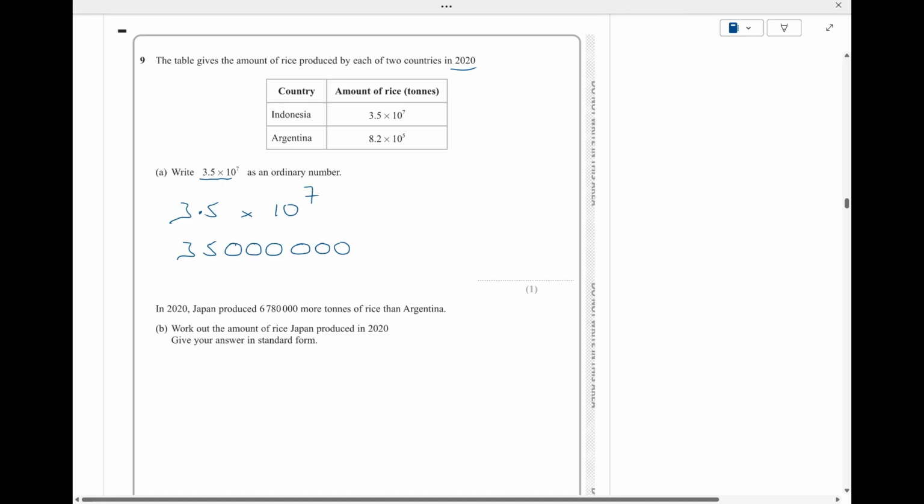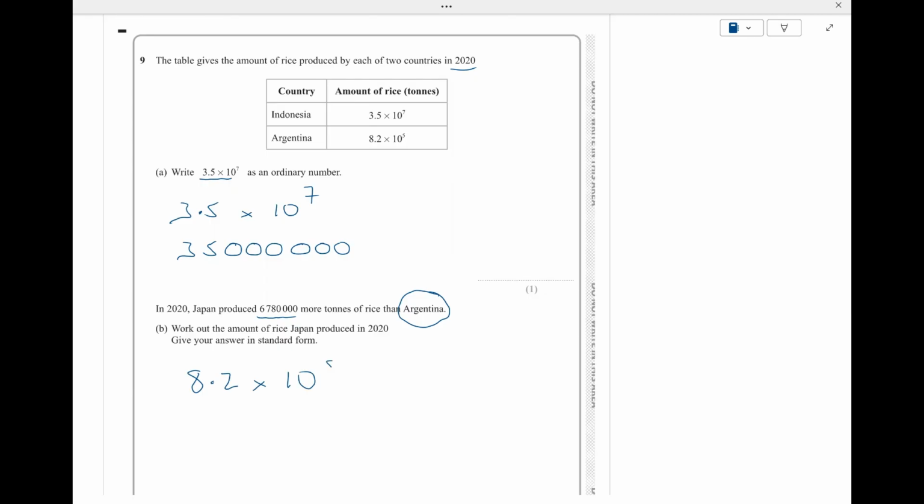In 2020, Japan produced that many more tons than Argentina. Work out the amount of rice Japan produced. Give your answer in standard form. Well, Argentina was this. And onto that, Japan produced this many more. So Japan must be 8.2 times 10 to the 5, which I'm putting into my calculator, plus 6,780,000.